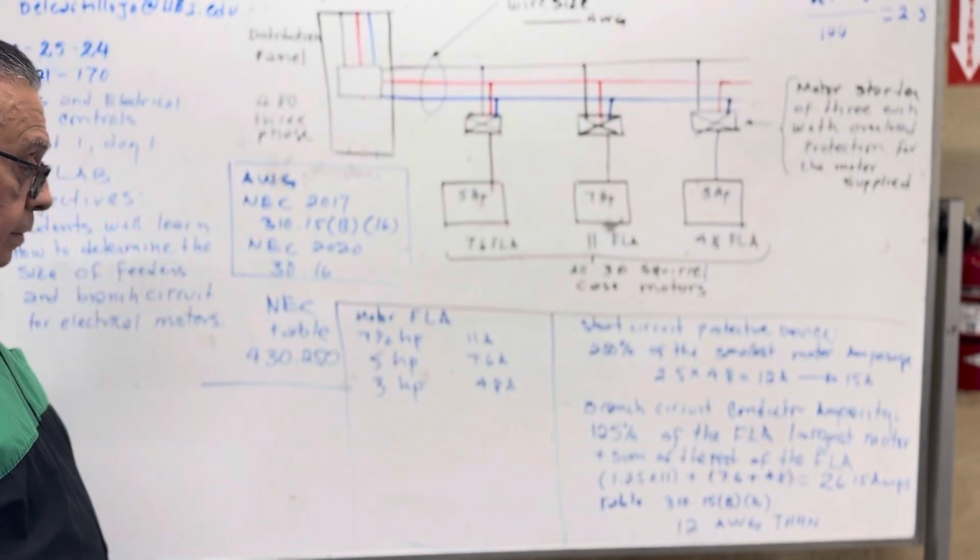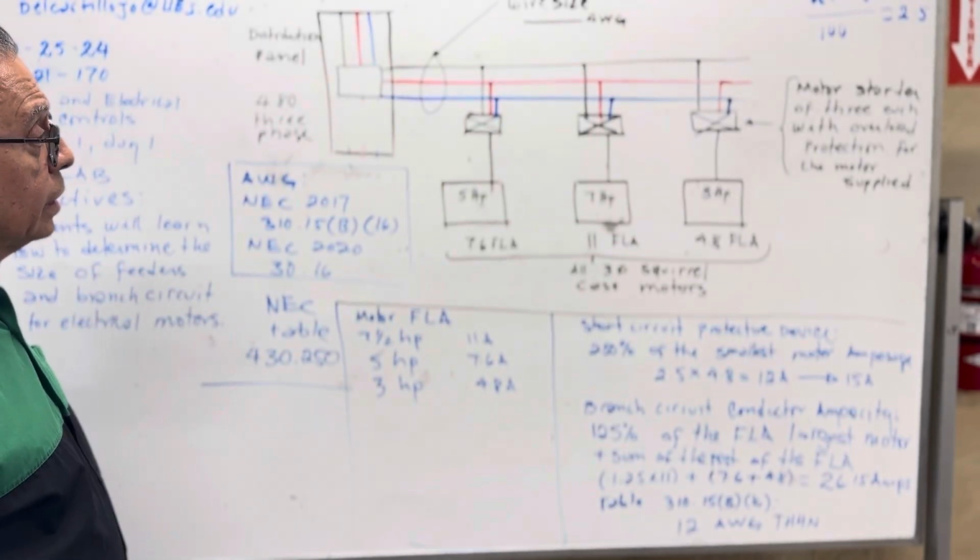So the branch circuit conductor will be gauge 12.